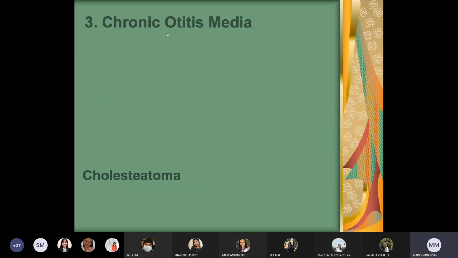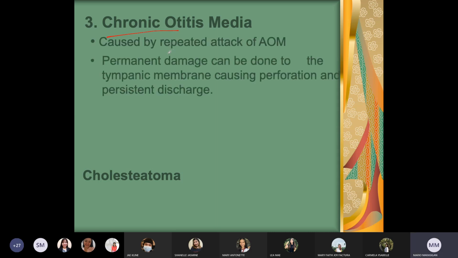The third type is the chronic otitis media, of course. It is caused by repeated attack of acute otitis media. So, kung lagi kang nagkakaroon ng acute type, then can proceed to chronic type, where there is permanent damage in the tympanic membrane, causing perforation and persistent discharge.